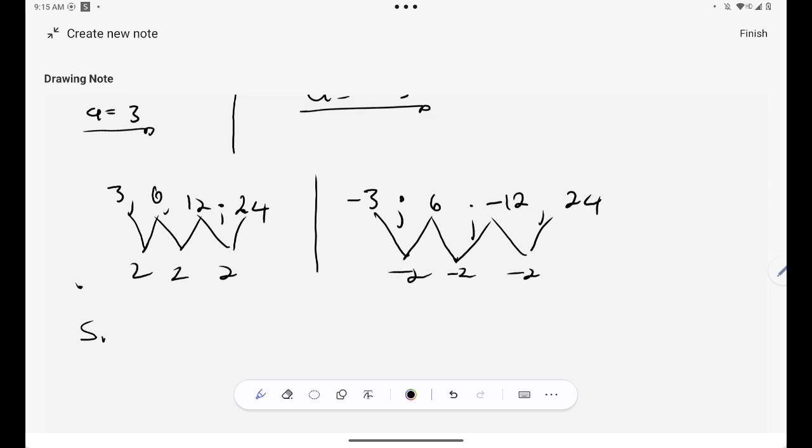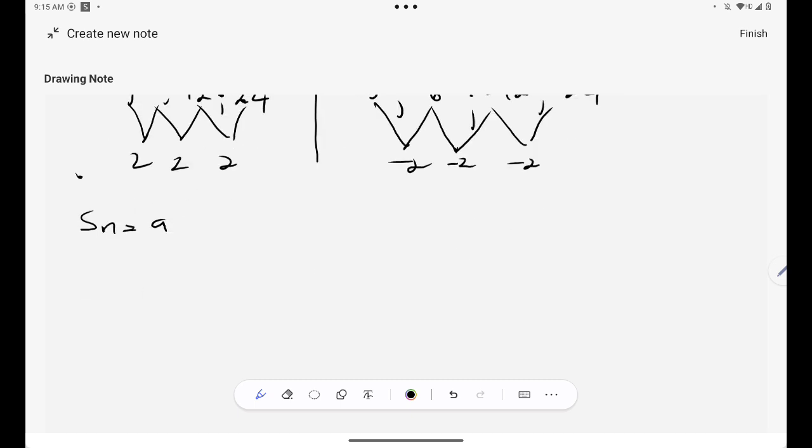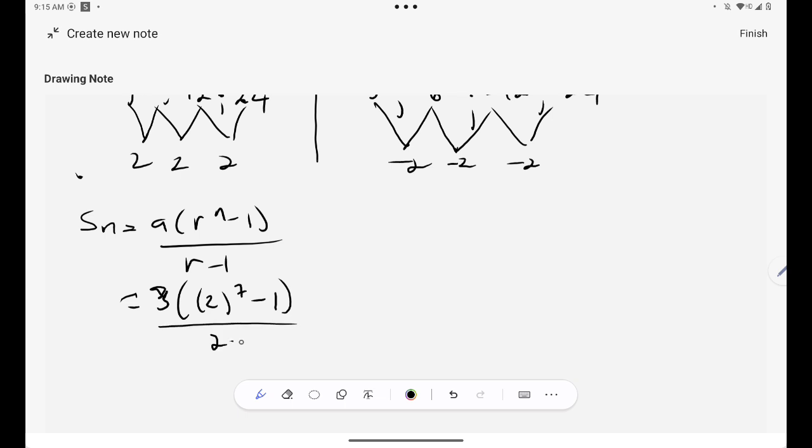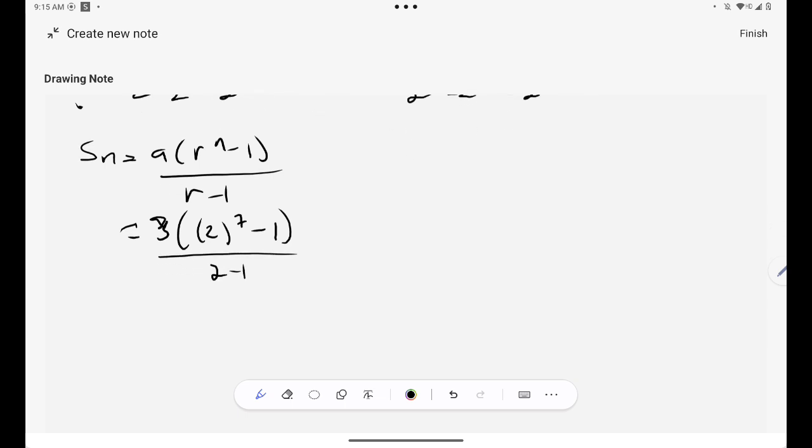So the sum of the first 7 terms: a times r to the power n minus 1, all over r minus 1. a is 3, 2 to the power 7 minus 1, all over 2 minus 1.